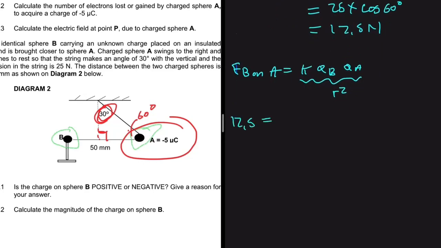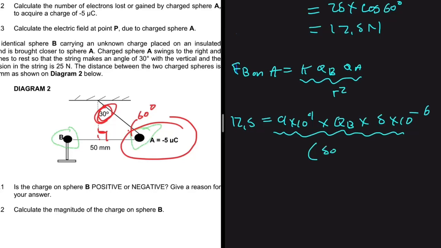K is a constant, 9 times 10 to the 9, and then the charge on B is what we're looking for, and then the charge on A, that is 5 times 10 to the minus 6, right? Divided by the square of the distance between them, 50 millimeters. If it is millimeters, then we have to divide it by 1,000 so that we can convert it to meters. So we have 50 divided by 1,000, and then let's not forget to square, right?